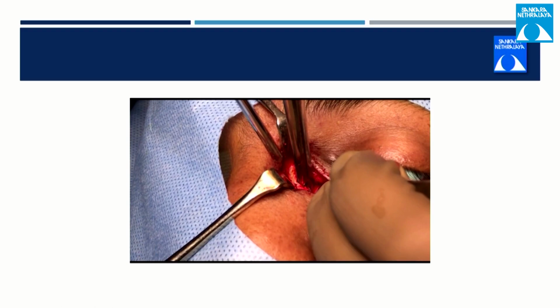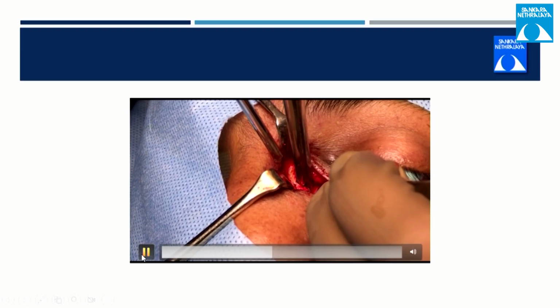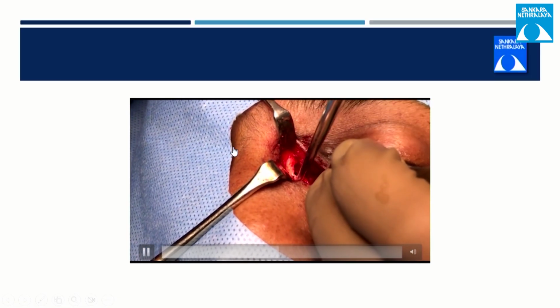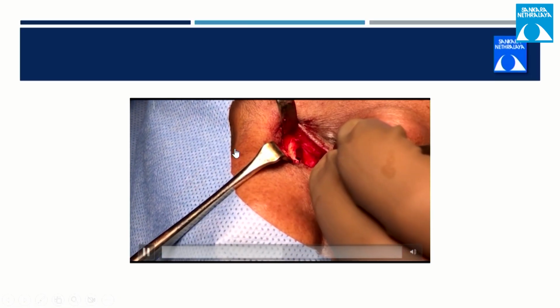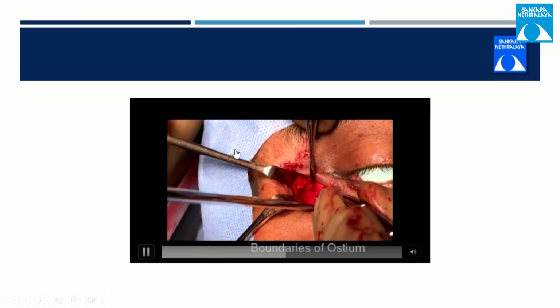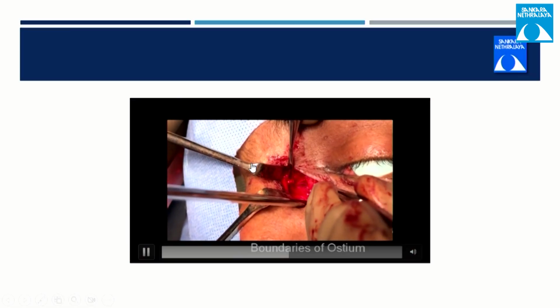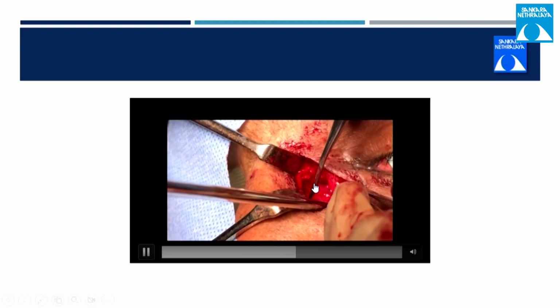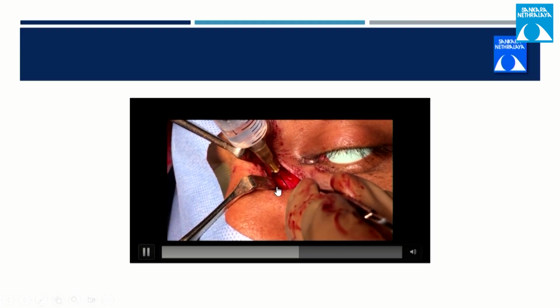It will be just at the posterior lacrimal crest. So you don't have to make a very large ostium. The boundaries are being shown.